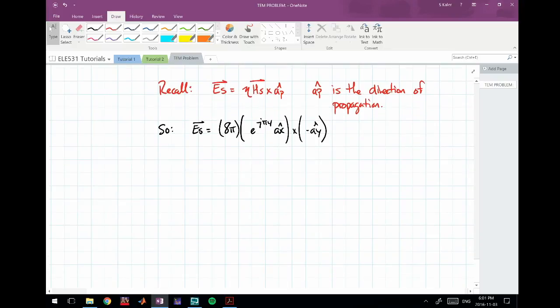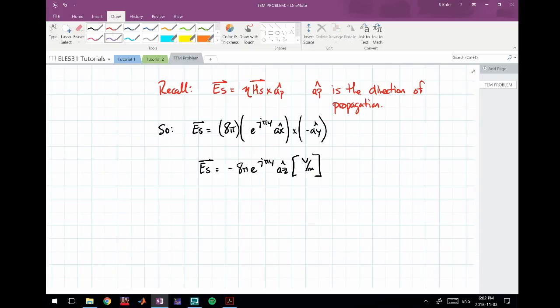So what we're left with for our expression of Es is minus 8 pi e to the j pi y az, volts per meter.